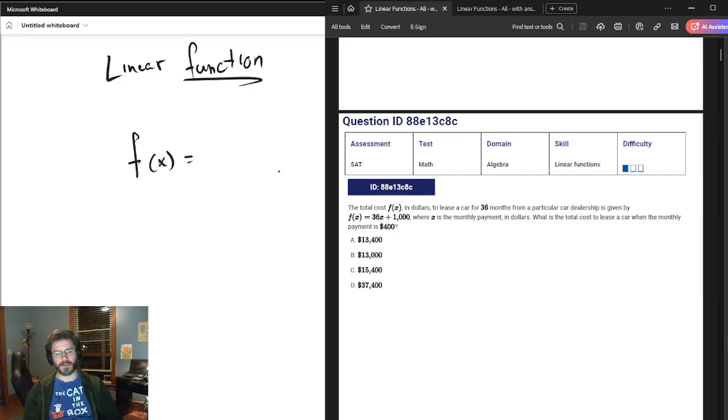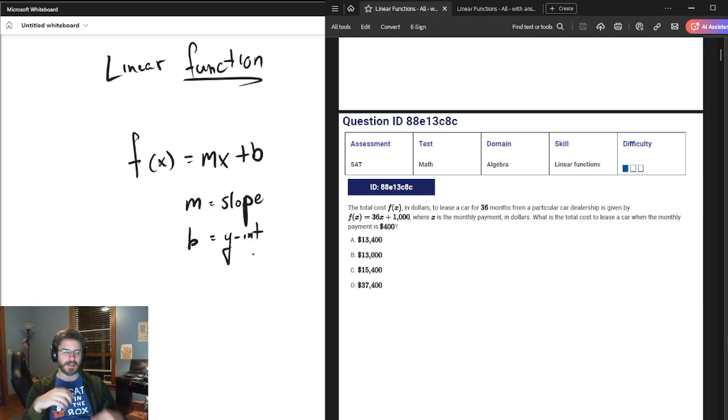in the form that you might be familiar with, mx plus b, where m is the slope. Some people might refer to this as the rate of change, and b is our y-intercept, also understood to be the beginning value, especially if we're doing a practical application or a real life scenario.